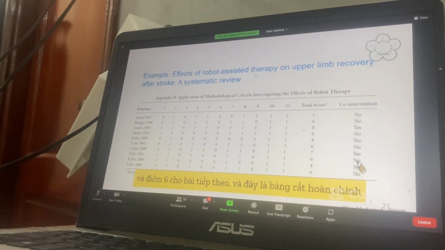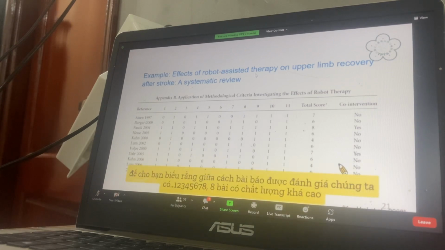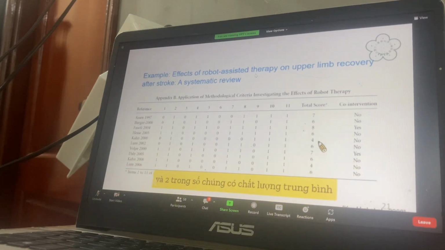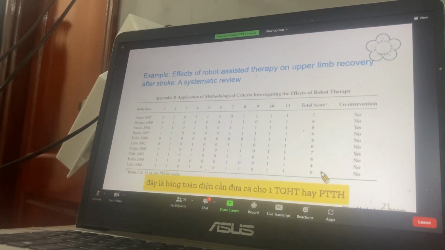So it's a very comprehensive table letting you know that among the articles being reviewed, we have 1, 2, 3, 4, 5, 6, 7, 8, 8 of them have pretty high quality, while 2 of them have fair quality. So that would be a comprehensive table to show in a systematic review or meta-analysis study.